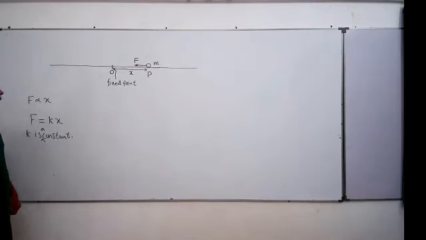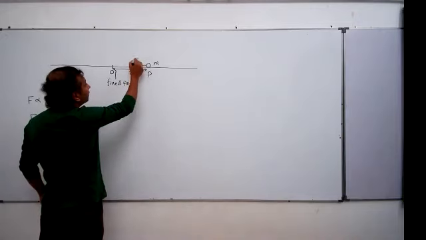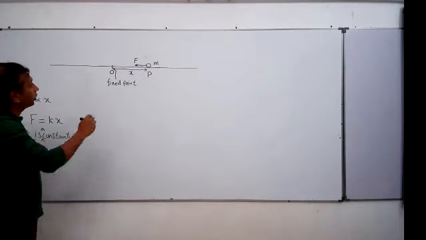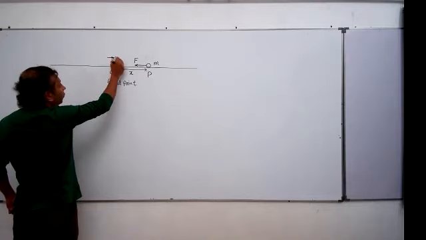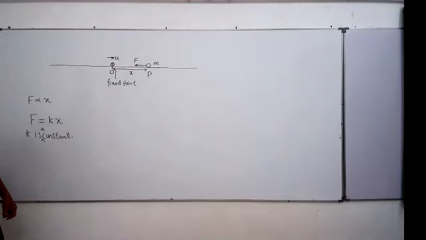Now, when this particle is projected from the point O, suppose with a particular velocity, say u. Now, what will happen to the particle while it is moving to the right?